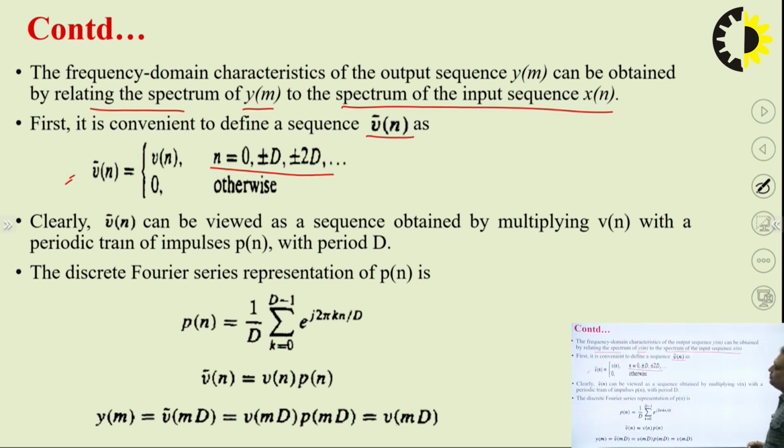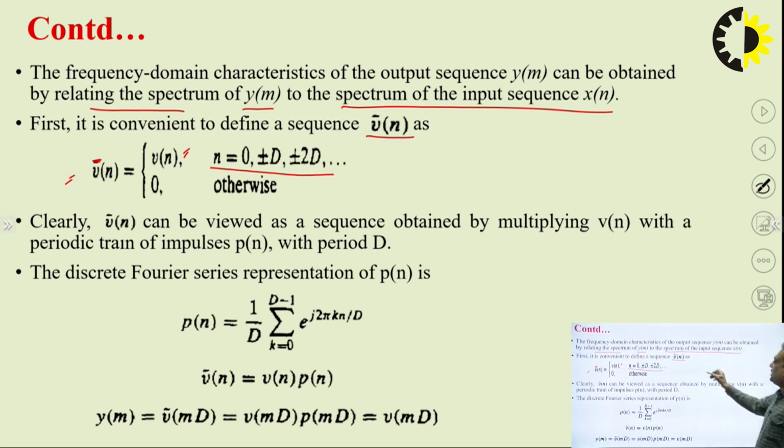So v cap (n) is nothing but v(n), which is an infinite duration sequence, but here we are interested only in those values of v(n) as per the value of D. So v(n) is only applicable when n equals 0, plus minus D, plus minus 2D.